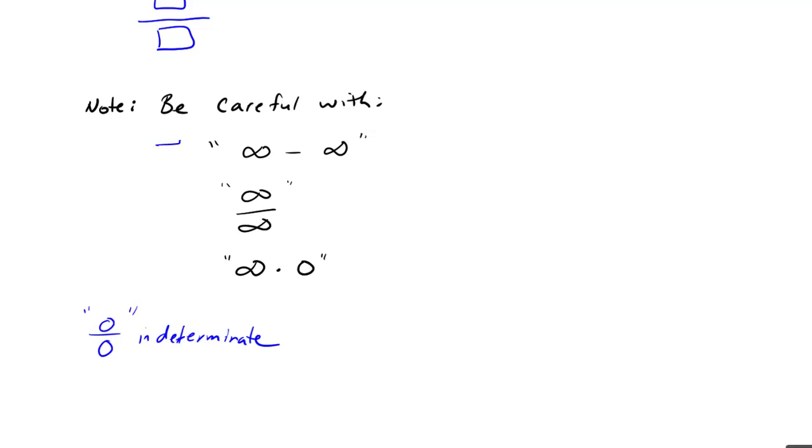And in this first one here, it's not actually that you're going to subtract infinity from infinity. It's just notation: something going to infinity minus something going to infinity. We cannot say that's 0. All right, these are all going to be indeterminate. And there are ways to work around them, as we'll see. Same thing for infinity over infinity, and something going to infinity times something going to 0.